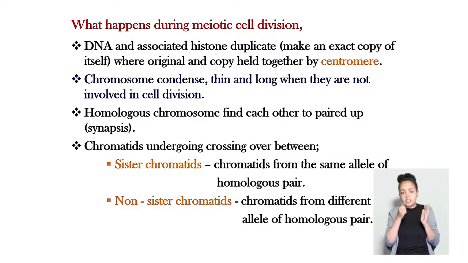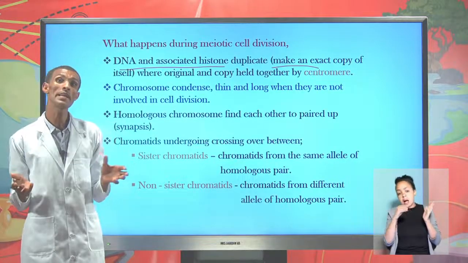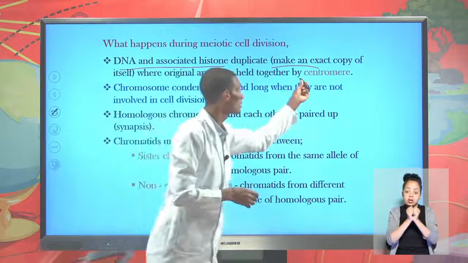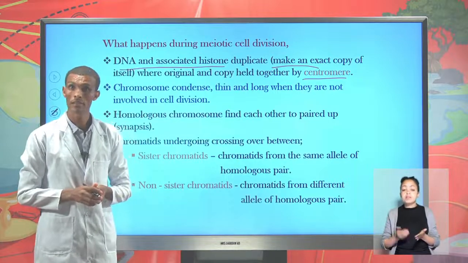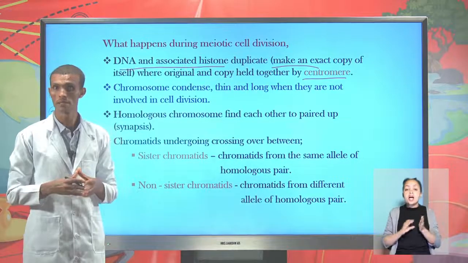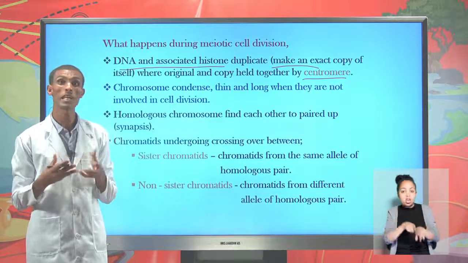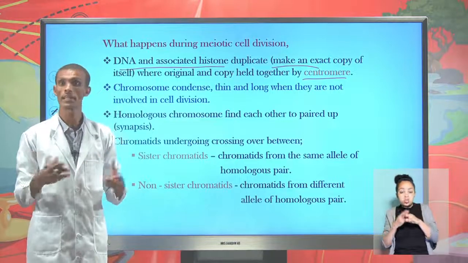The original parental chromosome is copied, and the copy and the original are held together by the centromere. Chromosomes are also condensed, thin and long when they are not ready for division. We call this chromatin.